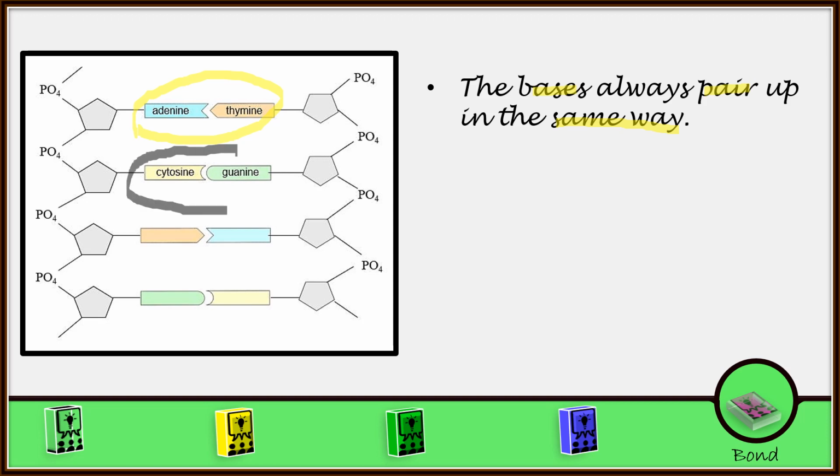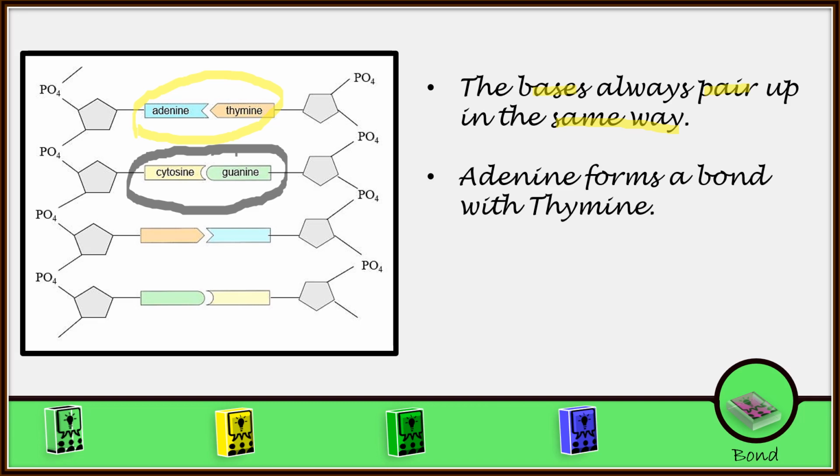We have cytosine pairing up with guanine. So they will pair up the same way like that. Now, when you come here, this is thymine pairing with adenine. Then here we have guanine pairing up with cytosine. So that's how they pair up the bases.